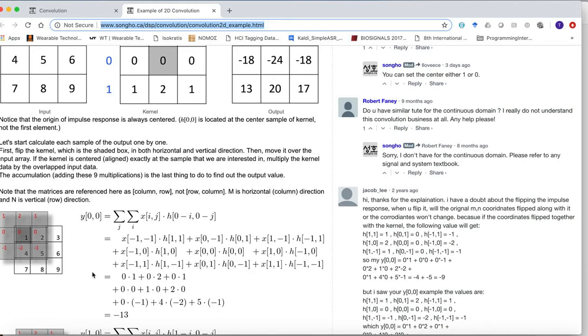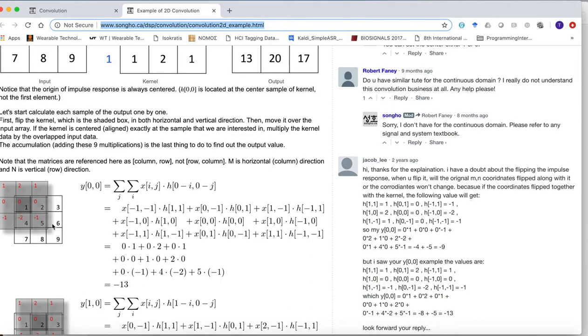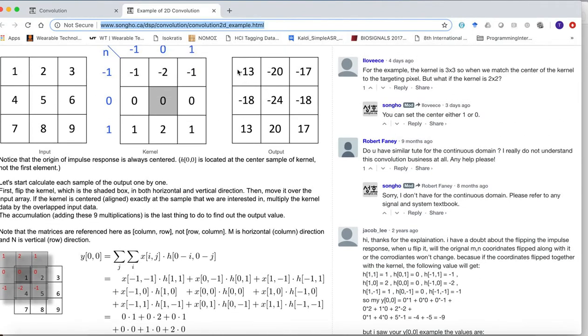Then we compute the multiplication of each of these pixels within the image and the kernel. And in this case, we have 0 times 1, 0 times 2, 0 times 0, 1 times 0, and so forth. So in this case, we have 0 plus 0 plus minus 8 plus minus 6, and the sum of all these is minus 13. Now this sum, minus 13, is assigned to the 0, 0 location of the output image.